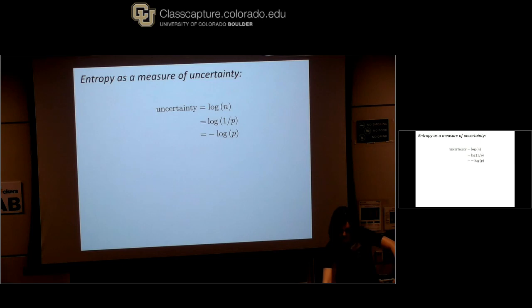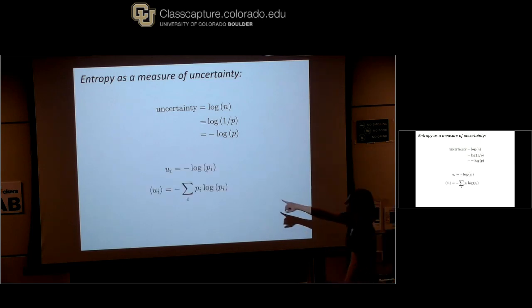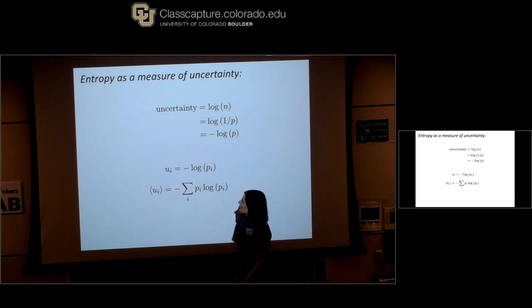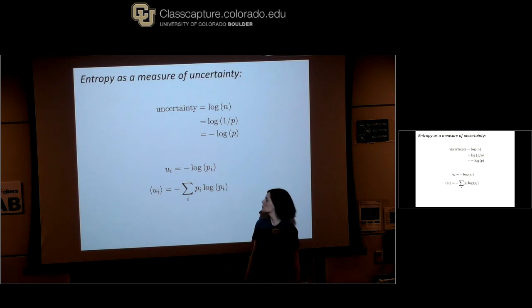The 5 might be more probable than the 2, so there might be a different uncertainty in each outcome, and we just write that as minus log of the probability of that outcome. So if the probability of a 5 is, I don't know, 1/3, then we put that in there. And then to get the average uncertainty, we just average that quantity. So we take the sum of minus log p_i times p_i. So the average uncertainty looks like this.